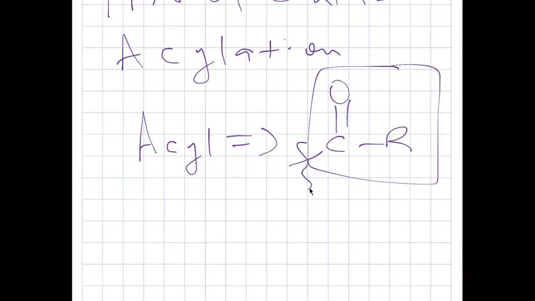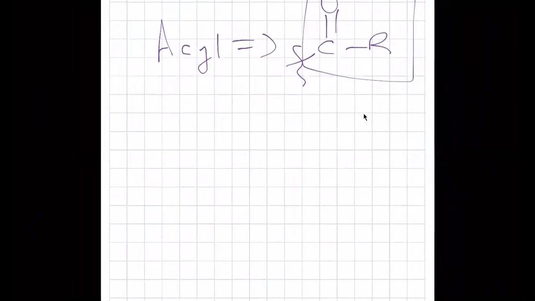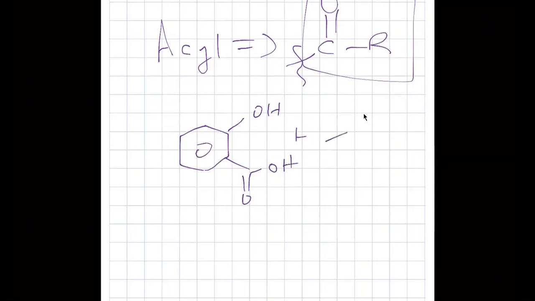All right. Anybody remember when we made aspirin? There's a lot of different ways to acylate, but anybody remember when we made aspirin? That was a type of acylation. All right. Because I'll just write it down right here real quick. We took salicylic acid, which is here. And then we added acetic anhydride to it.